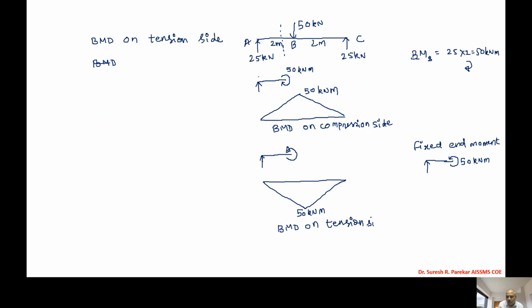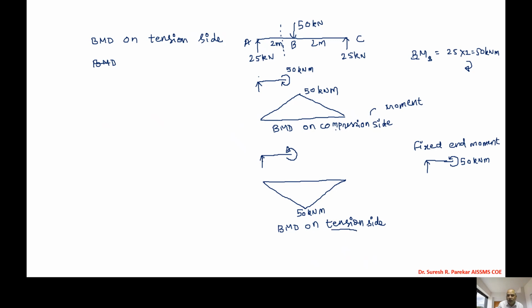Now we have to keep in mind: the BMD which we plot by using moment is BMD on compression side, and the one we plot by fixed end moment we say is BMD on tension side.